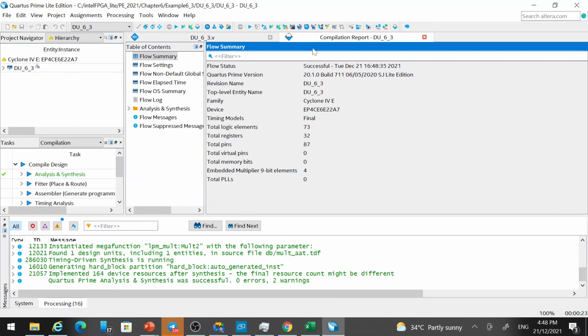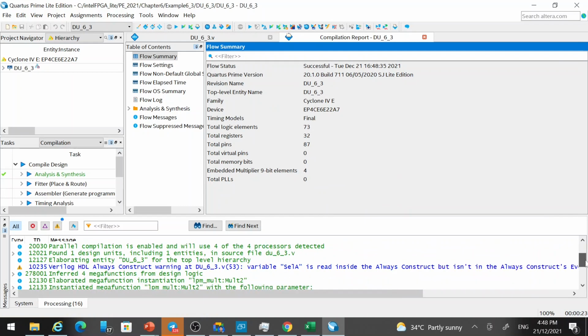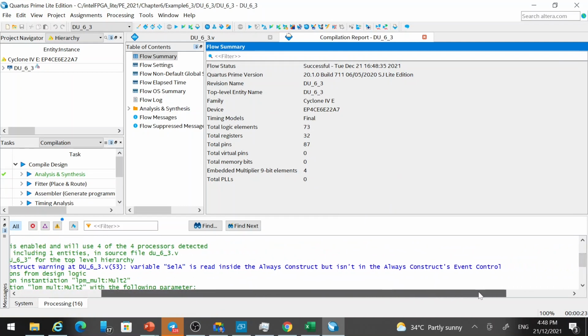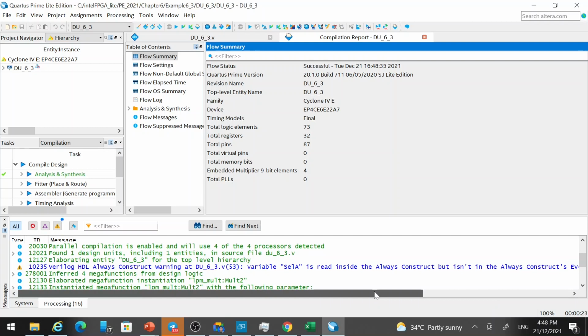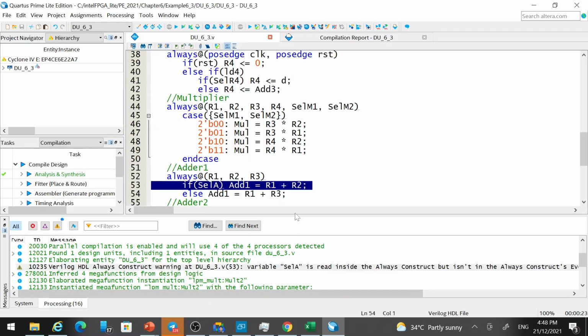All right, everything is good. We don't have any error, but we have another warning, and we should look at it: A is read inside the always construct, but isn't in the sensitivity list. Maybe we forgot to add this in the sensitivity list, right? But it is not actually a problem.